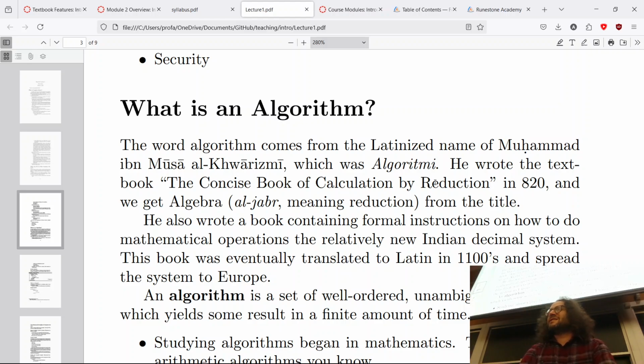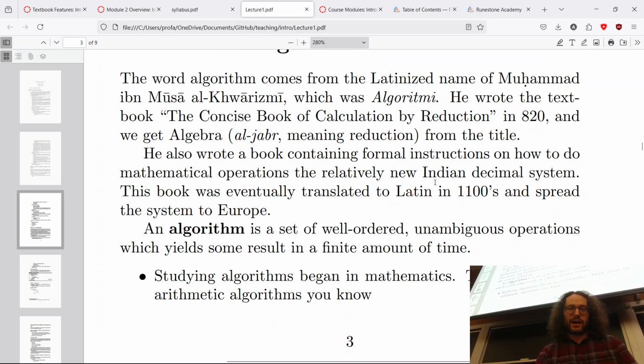Pretty interesting stuff. It was pretty successful. You may be familiar with it because that's the numerical system we use today. So he wrote a book on how to do these operations with that. That book was translated into Latin in the 1100s, and that's how it spread throughout Europe. So that's where the word algorithm comes from. It comes from this mathematician.